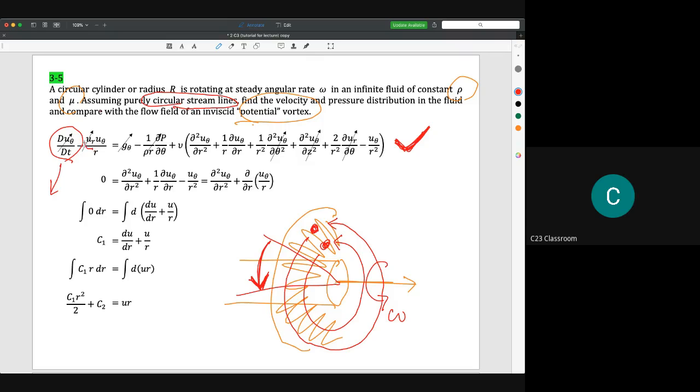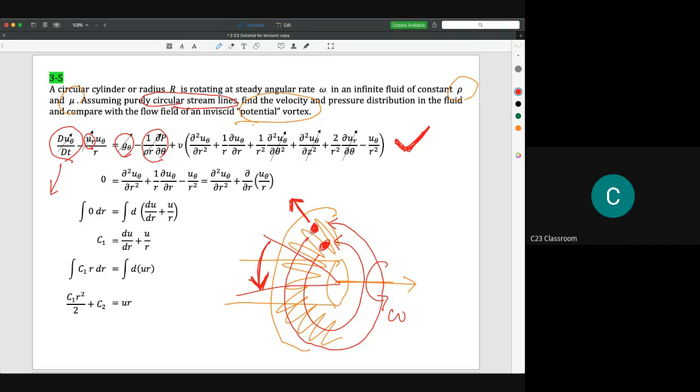The velocity UR is equal to 0 because there is no velocity component towards the R axis. The gravity is also 0. The pressure is constant, so we can neglect that term. Then we have U theta UR. The U theta here can vary according to the R location.